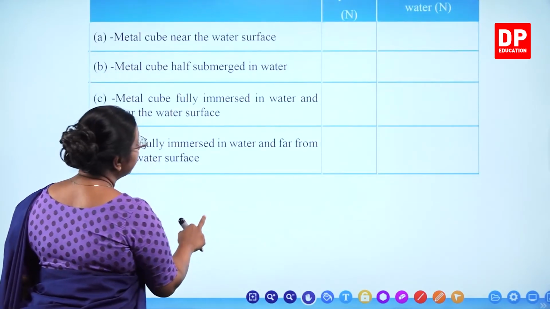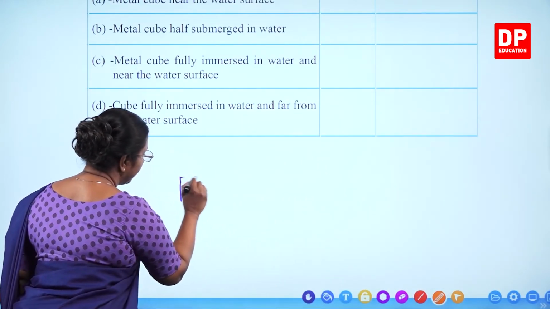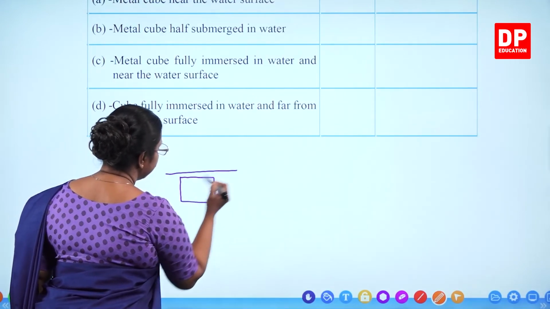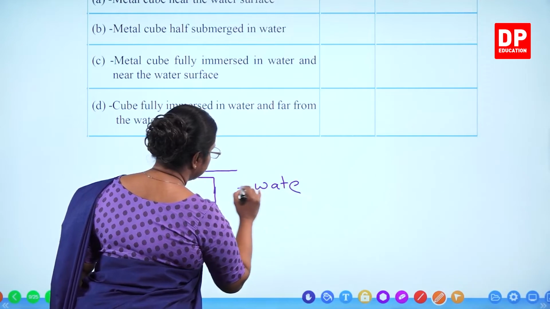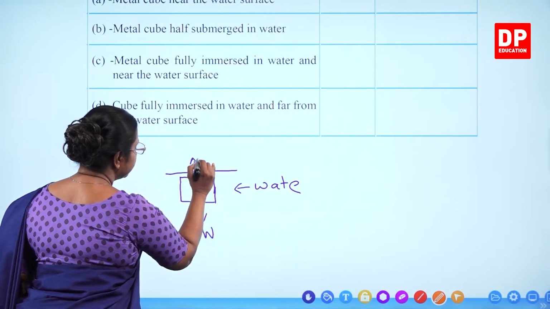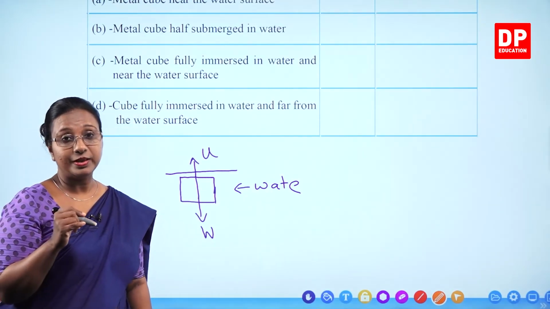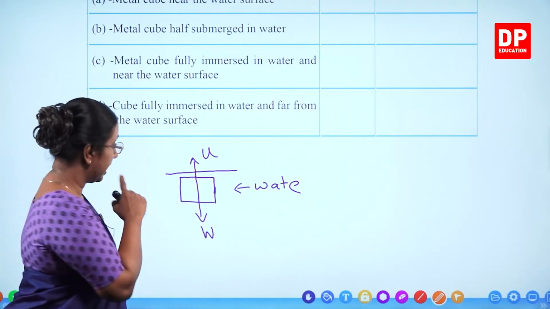Now earlier I showed you all this, students, again the same thing. We have the object. When it is immersed in water, this is water, weight is acting downwards, upthrust is acting upwards, and we see the apparent weight. Apparent weight is what? Weight minus upthrust.